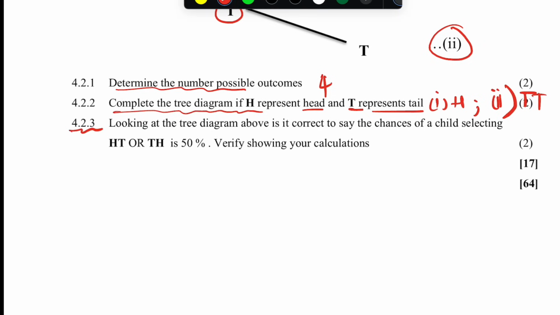Now 4.2.3 says, looking at the tree diagram above, is it correct to say the chances of a child selecting a head or tail is 50%? So if the child tosses the coin and gets a head or tail or tail to head, this is the same thing, guys. It's 50% chances.